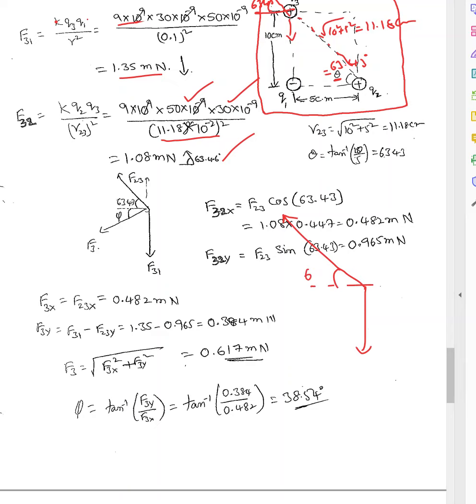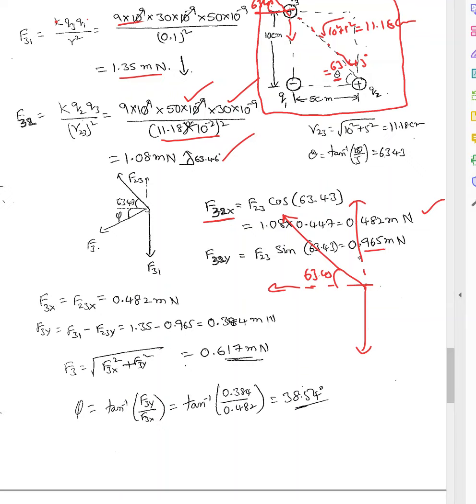Now we need to find the x component and y component of this force, and then add them vectorially. So I did the x component, F23 times cos 63.43, which ends up with 0.482, and the y component, F23 times sine 63.43, which is 0.965 millinewtons.